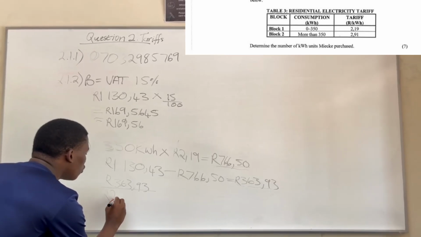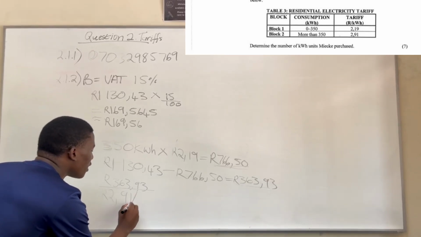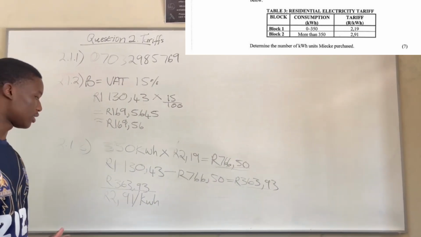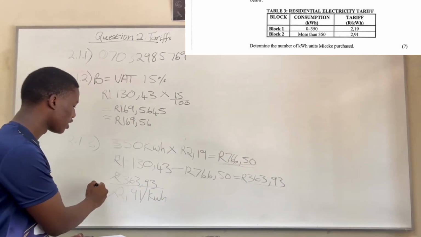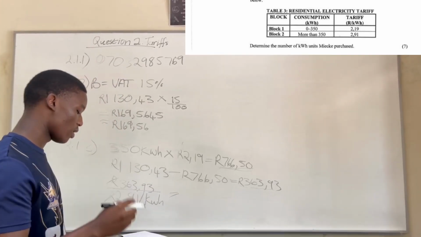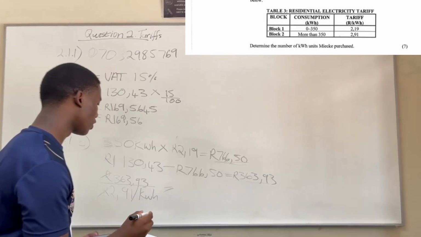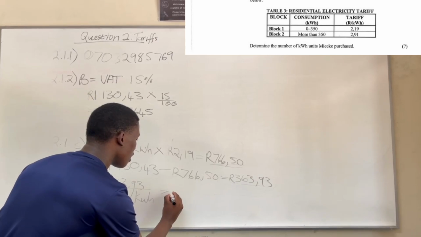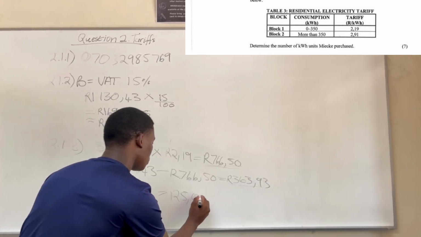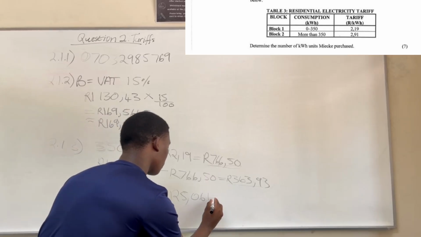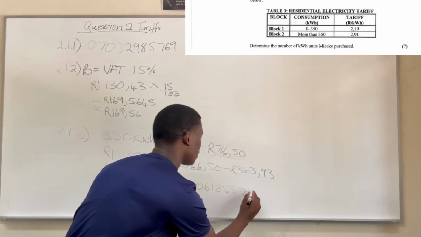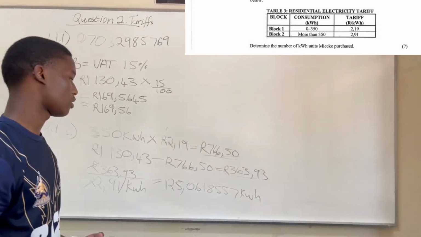2.91 per kilowatt. And then these rands will cancel each other, and the answer that we get is kilowatts, which is 125,061,855.7 kilowatts.